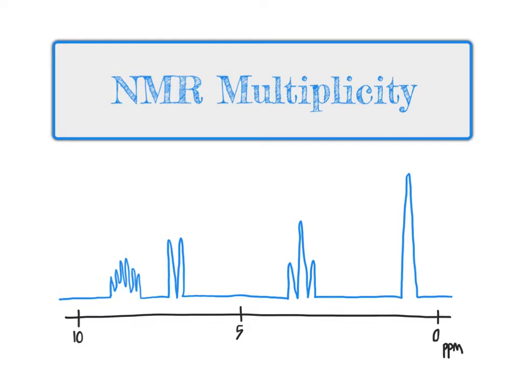In this video, we are going to explore why some signals appear as multiplets, whereas others appear as singlets, and how we can apply that information to deduce features of the structures of our organic molecules. We are going to focus this discussion primarily on proton multiplicity.